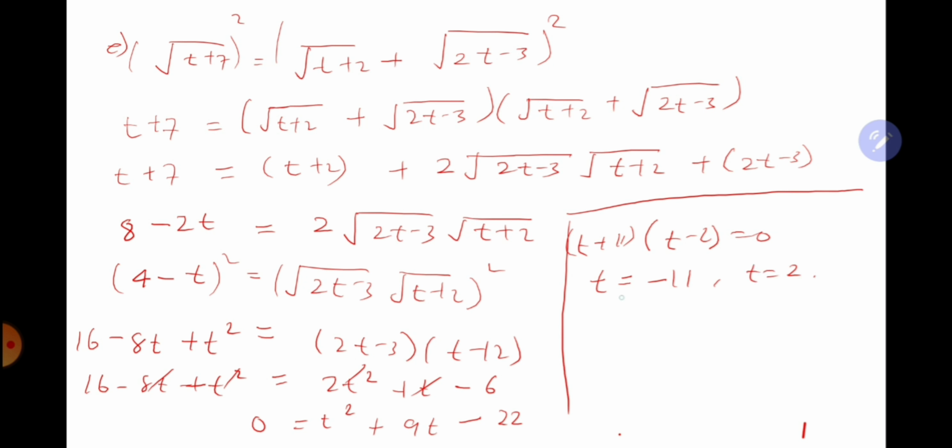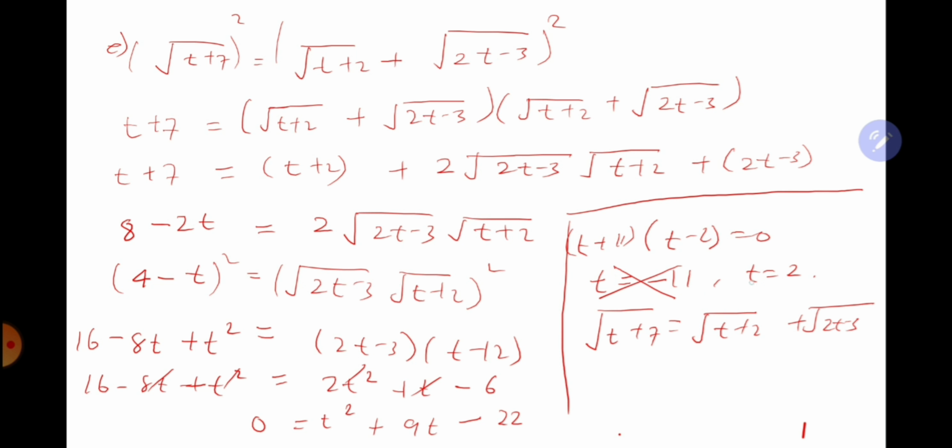So please check back whether these values satisfy the original equation, which is square root of t plus 7 equals square root of t plus 2 plus square root of 2t minus 3. When you plug in t equals negative 11, it would not satisfy the equation. So this is not the solution.